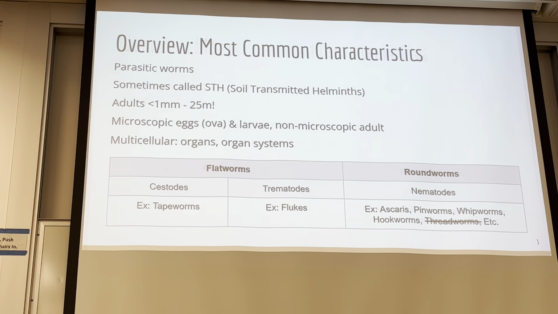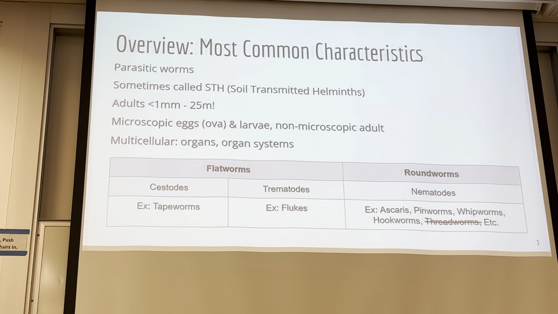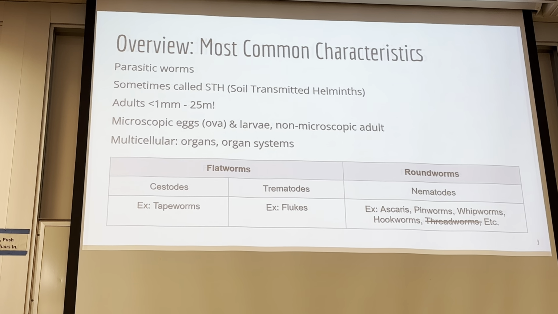These two belong together in the flatworm category, but they're called cestodes and trematodes. Cestodes look very different than trematodes, so they're very easy to identify. I'll show you pictures, and the pictures will help you more than my drawings.